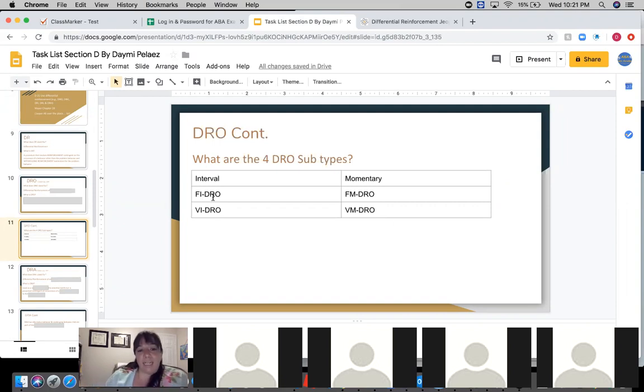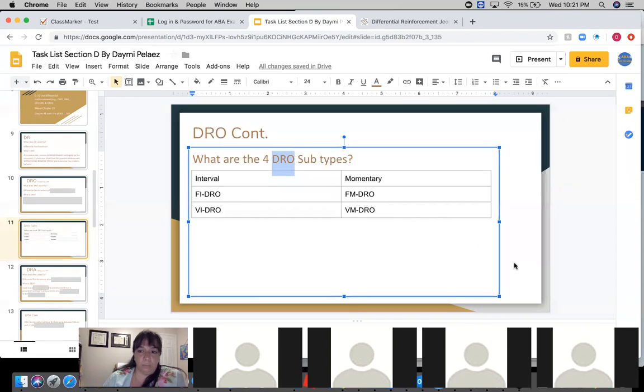So it's FIDRO, VIDRO, FMDRO, and VMDRO. So if you guys want to look into that, this is something new to me, so I did not break it down, but if you want, look it up in Cooper, and you will find more information on these 4 subtypes of DRO. So this is specific to DRO, okay?